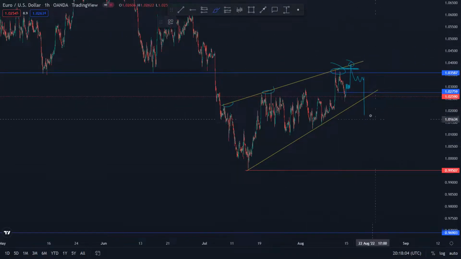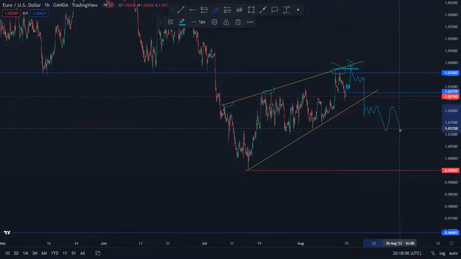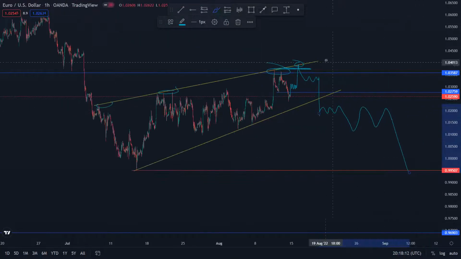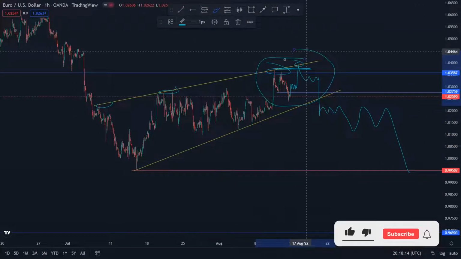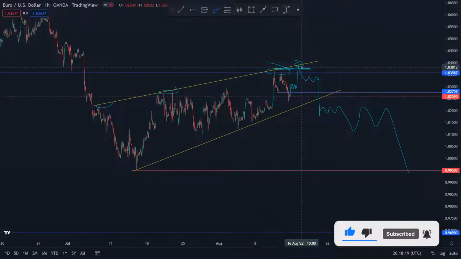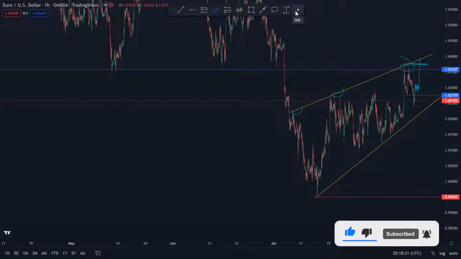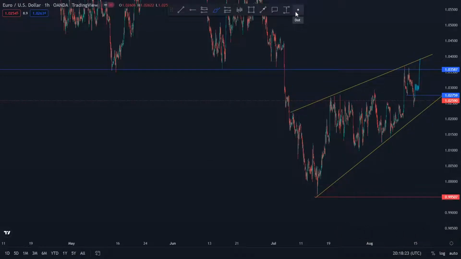You can have price forming something like this, pushing back in. Then we're looking for more of our sellers. Okay, so let's see what happens here from today to tomorrow. Then we can make more buys on this pair.